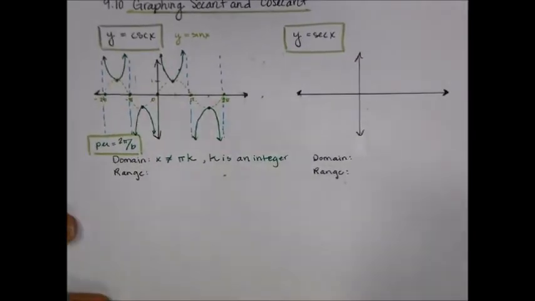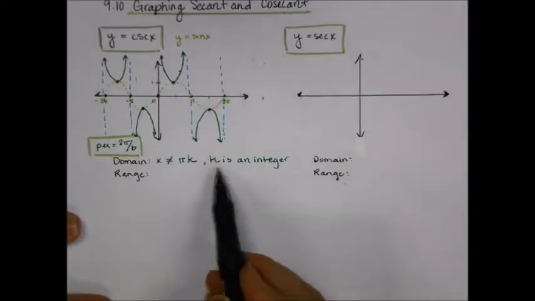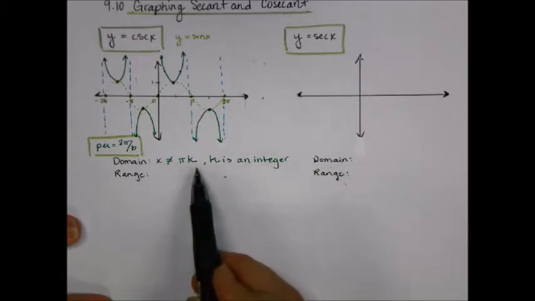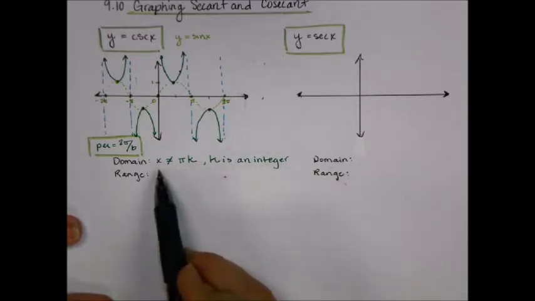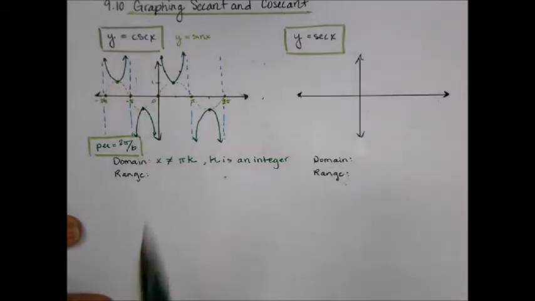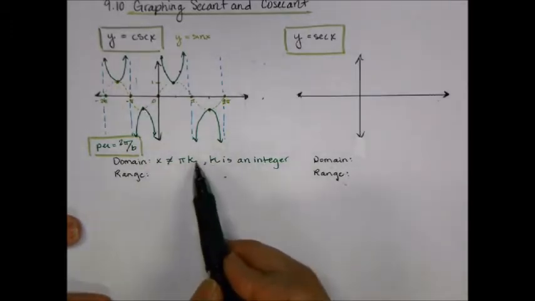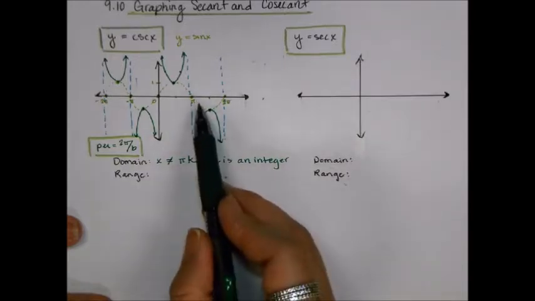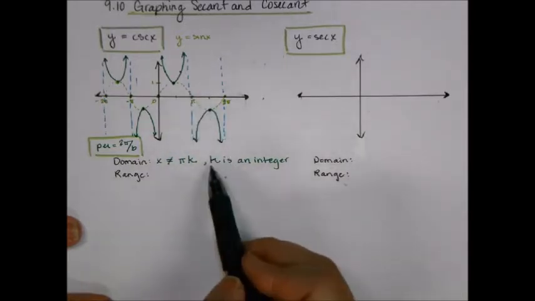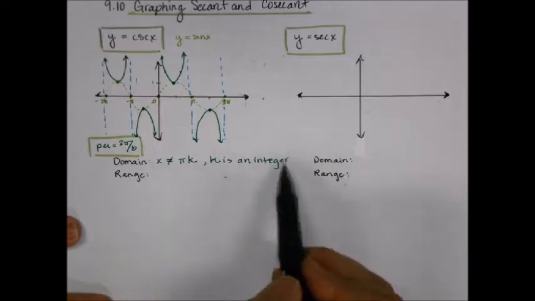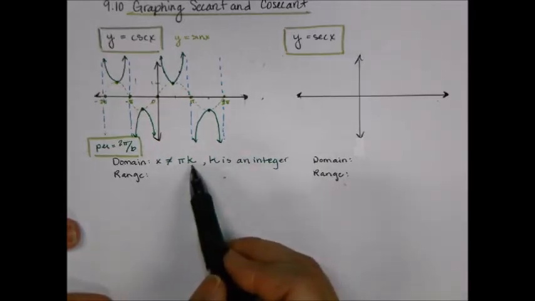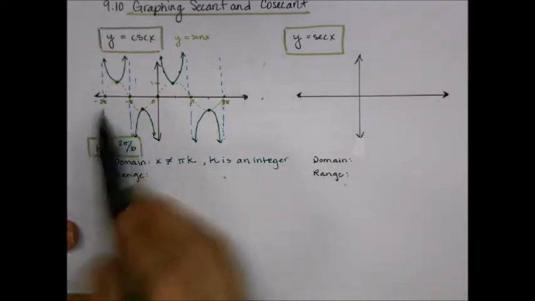So if k is the integer 0, pi times 0 is 0, and x cannot be 0, true. If k is 1, then pi times 1 is pi, and x cannot be pi. If k is negative 2, then x cannot be negative 2 pi. Again, there's a value there. Okay.